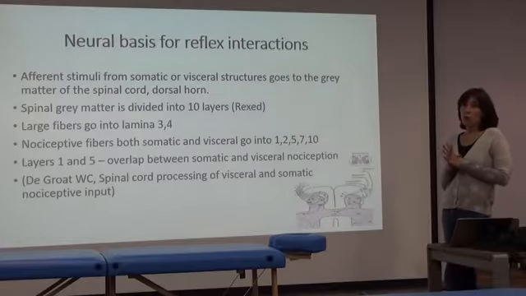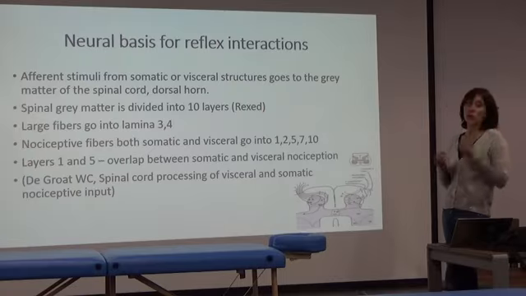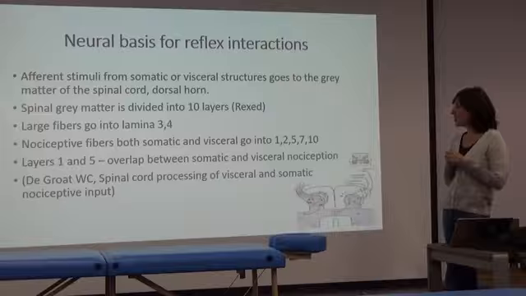So large fibers normally go into laminae 3 and 4. Laminae are filters which are going to deal with the signal. Nociceptive fibers, both somatic and visceral, go into laminae 1, 2, 5, 7, and 10.